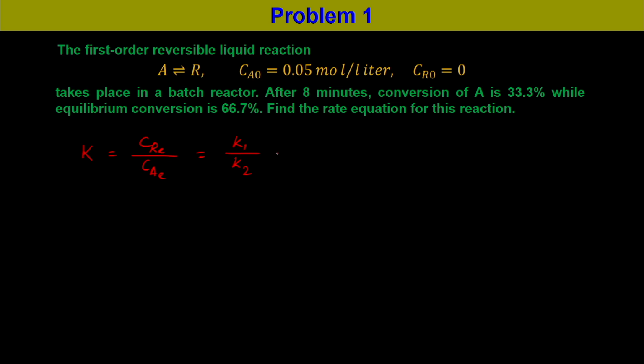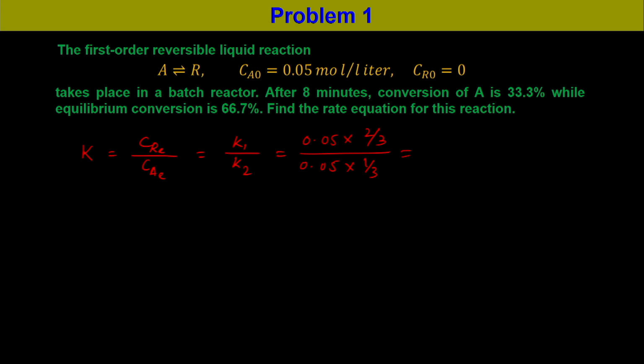And this would be equal to, so initially you had 0.05 into 2/3 divided by 0.05 into 1/3.